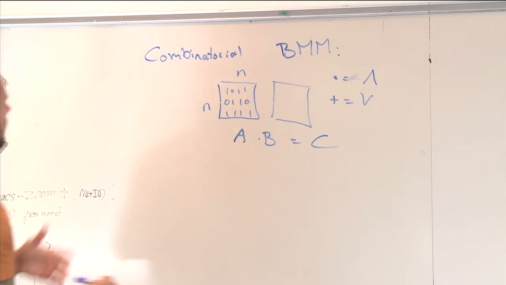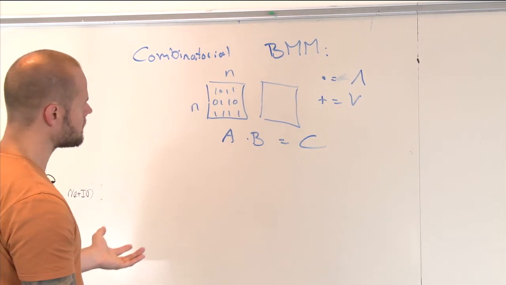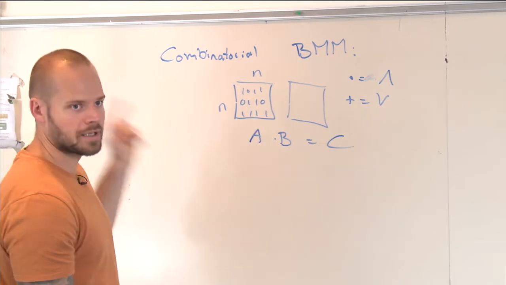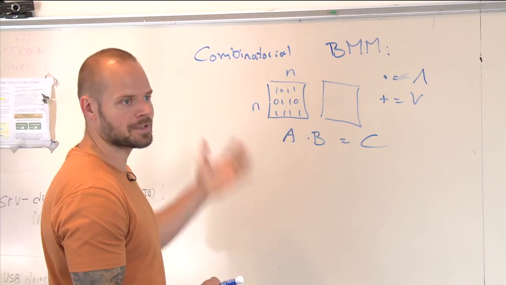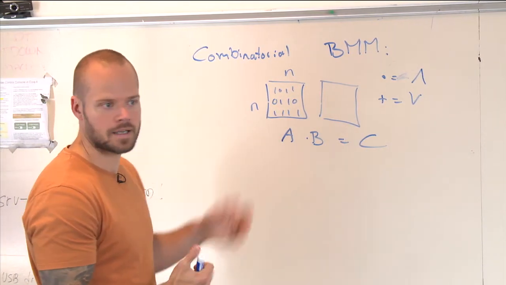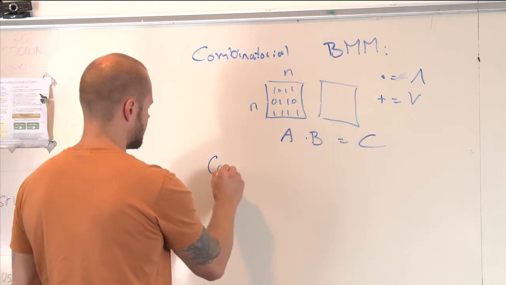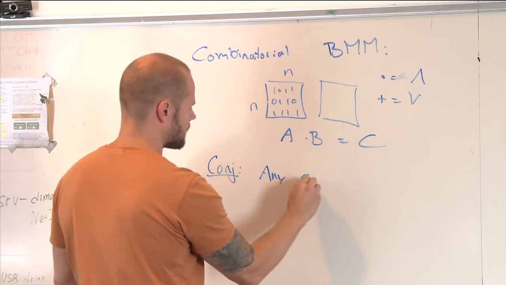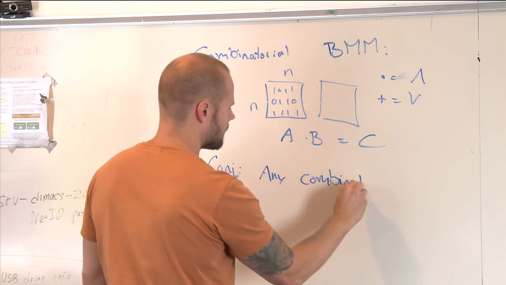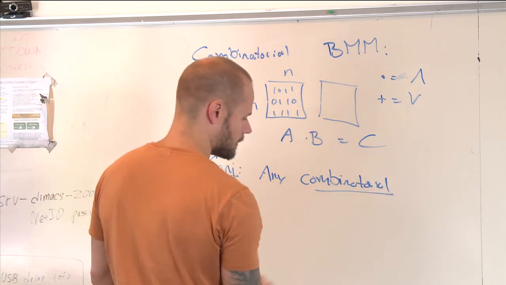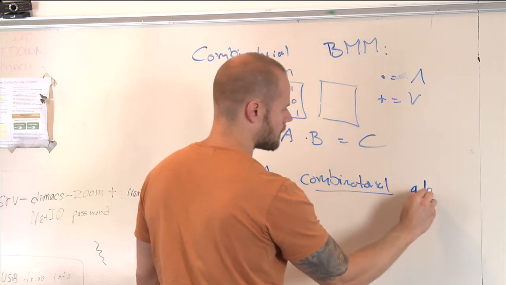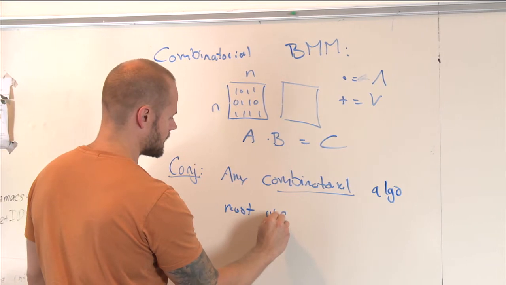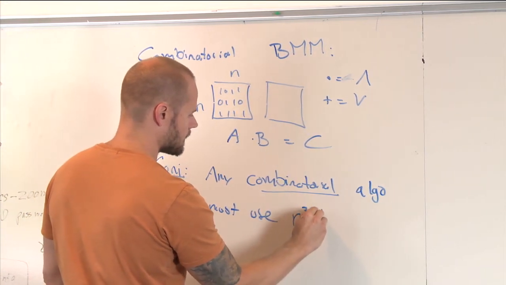And the conjecture that the online matrix vector multiplication conjecture is supposed to replace is that any combinatorial algorithm for this problem needs cubic time, right? That's the conjecture. What we don't like about it is that there's this undefined term, combinatorial algorithm, which must use n to the 3 minus little o of 1 time.